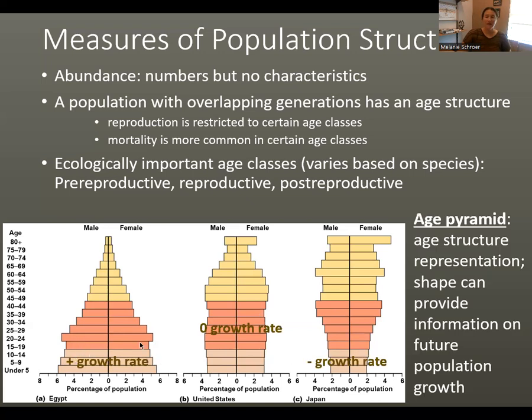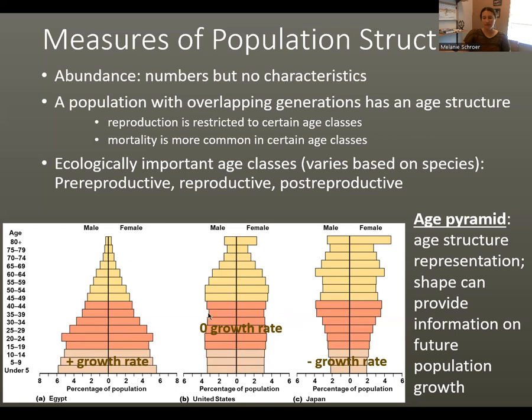For example, in Egypt, we can see a positive growth rate. Right? We can see that the population is growing because most of the people are young and therefore coming up to reproductive age, or they are within the reproductive ages. Okay, so there are more people able to reproduce or soon able to reproduce compared to the older individuals that are no longer reproducing. And so this would imply that the population is likely to grow.